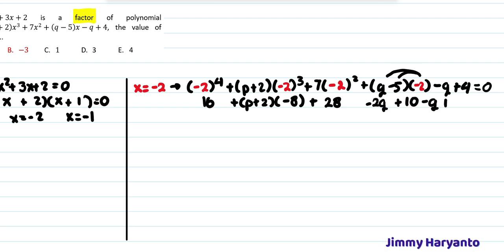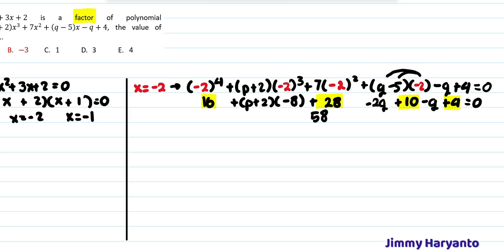This one is negative q, and then plus 4. Next I want to calculate 16, 28, plus 10, and plus 4. I will have 32, 42, 58.